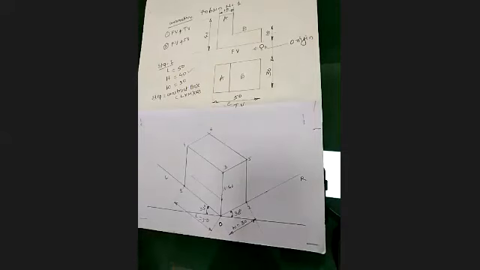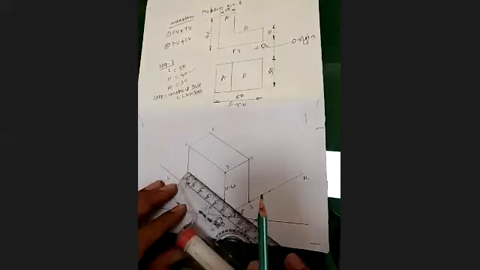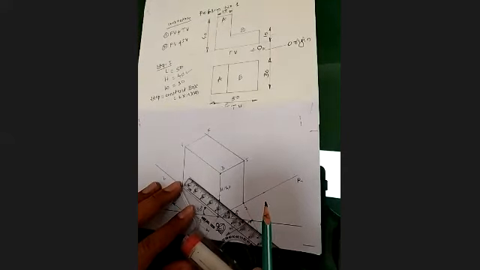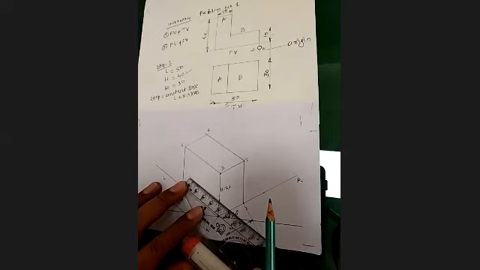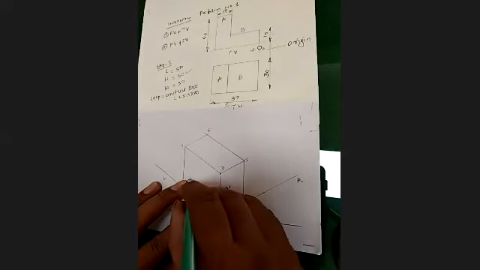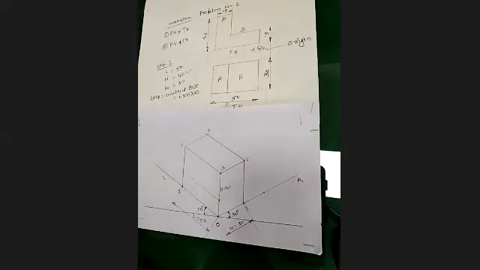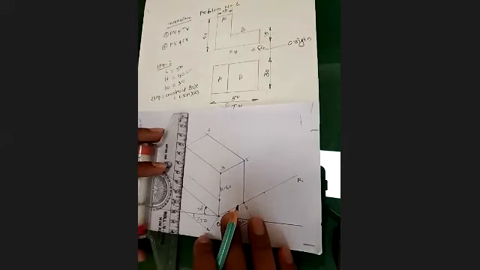But see, once you take this line, this length of line is just 35, so of course the remaining distance you will get is 50 millimeter, if I take this one.